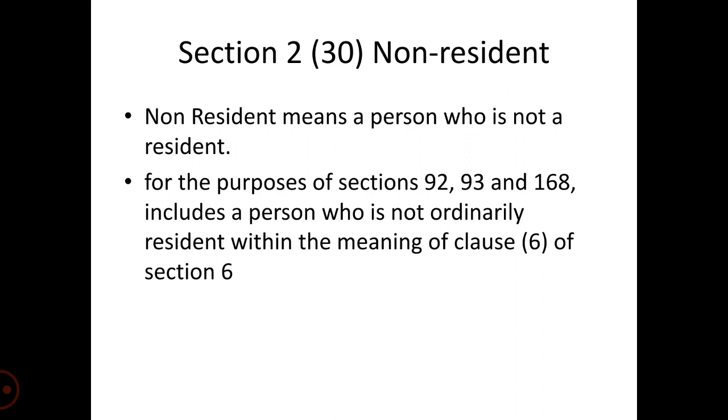Section 93 is about avoidance of income tax by transactions resulting in transfer of income to the non-resident.